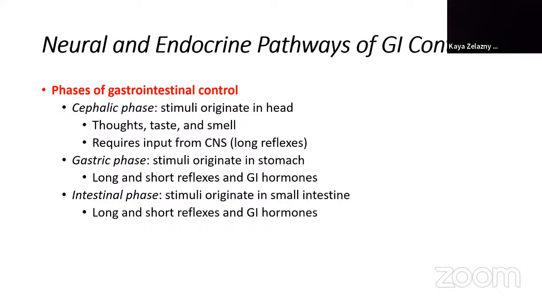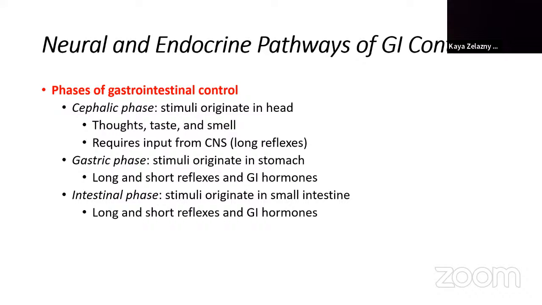We are going to have some more local stimuli that control your GI system as well. Those we're going to separate out, whether we're thinking about signals coming from your stomach itself, the organ, or signals coming from the small intestine. So those are the 3 places where we can sense things about food. Either we're thinking about food, smelling food, tasting food.